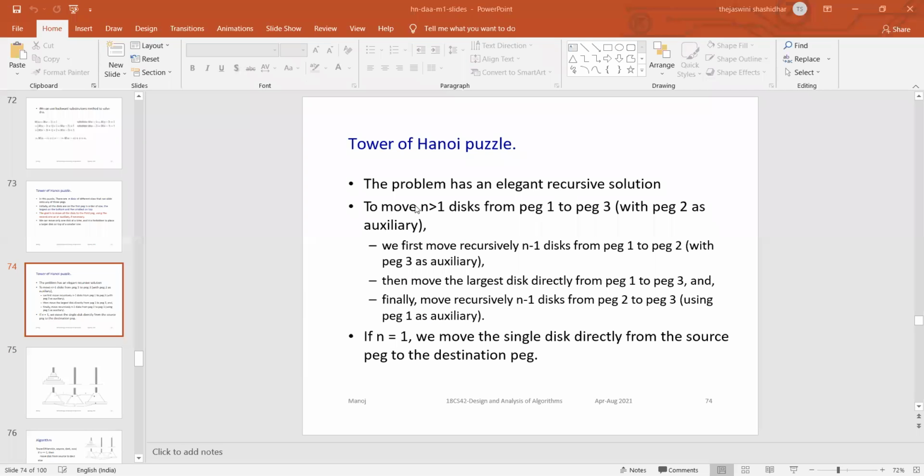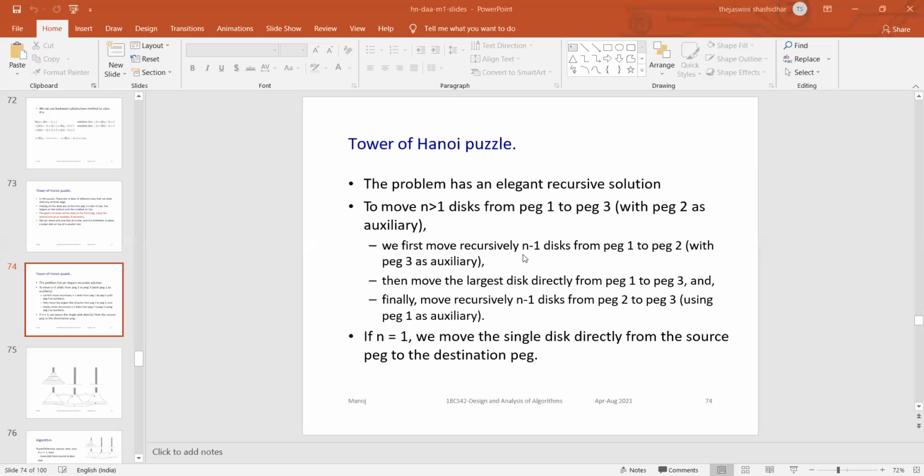If n is greater than 1, that means there are more disks. So if n is greater than 1, what should be done? I will be telling it. Take the example with 3 disks.